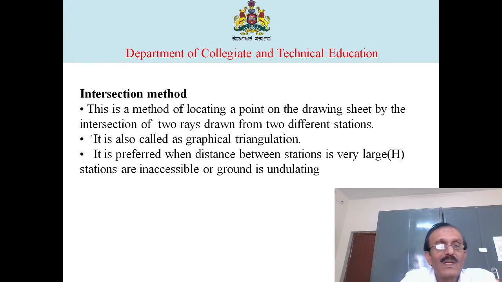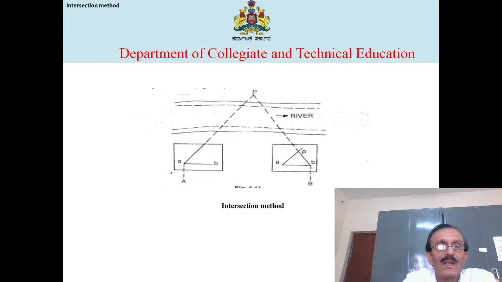Intersection method. This is a method of locating a point on the plane table sheet by the intersection of two rays drawn from two different stations. It is also called graphical triangulation. It is preferred when the distances between stations are large, stations are inaccessible and the ground is undulating.